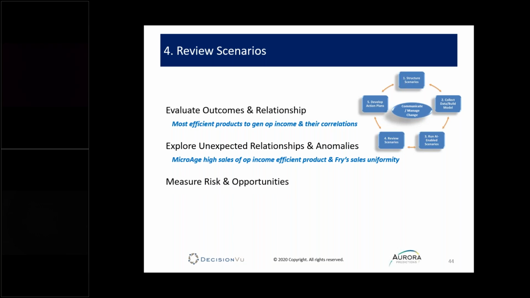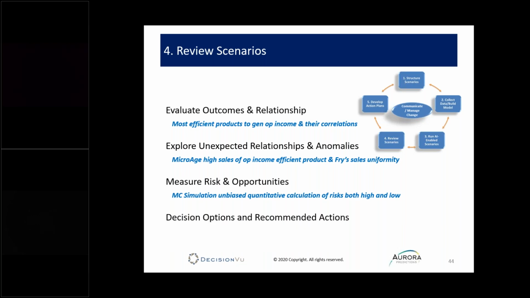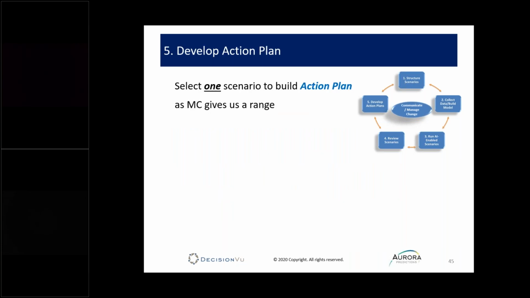And we can measure the risks and opportunities about that, where we did in our retailer, we did a forecast, we did a Monte Carlo quantitative risk simulation, and we gave us our highs and lows. And so when we review these scenarios, we can now, as analysts, bring them back to our planning team to develop action plans. And that takes us to step 5.